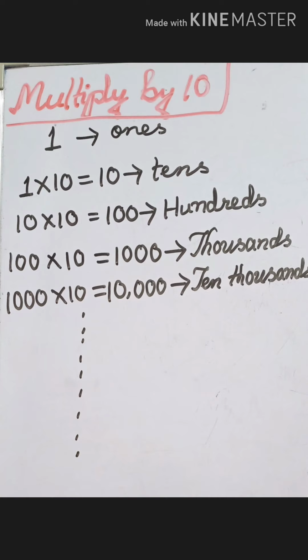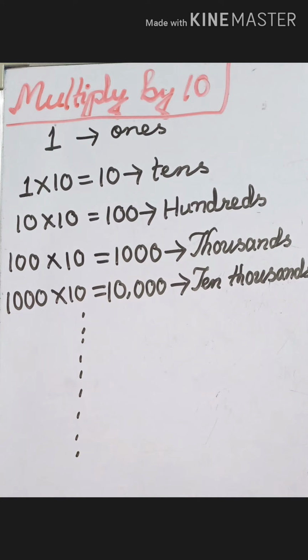As we move towards bigger and bigger numbers, you have to multiply by 10. This is called the ones place, tens place, and so on. Like this we can represent any number which is equal to or greater than 1.